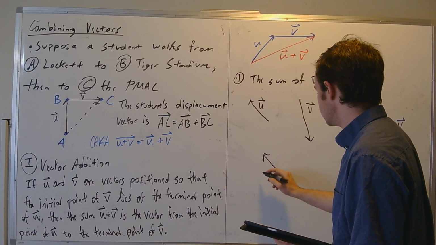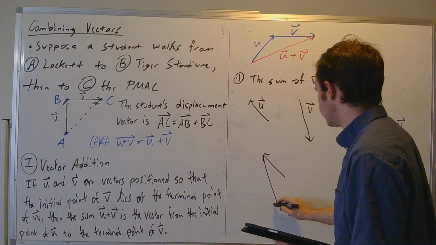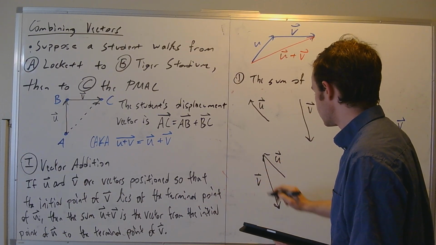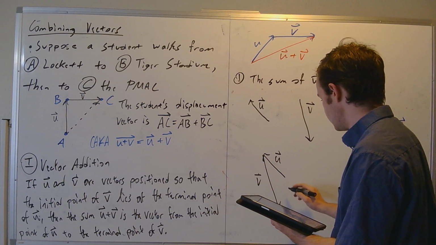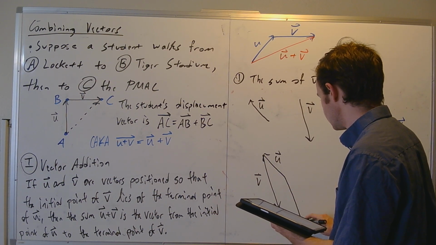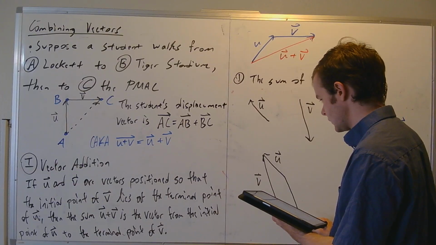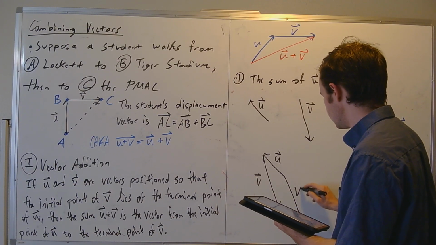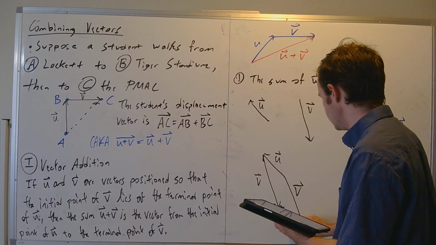So this is u, and this is v. This was u, and this was v. And now if I instead draw v here, and then u again, so this was v, and this was u.